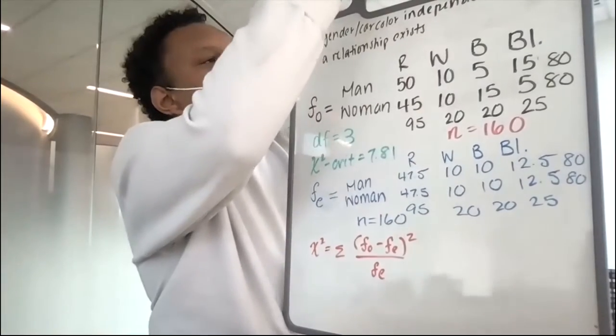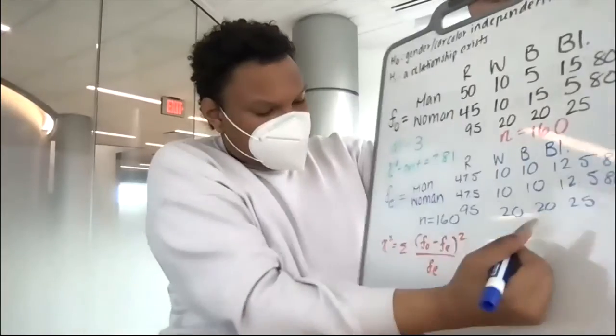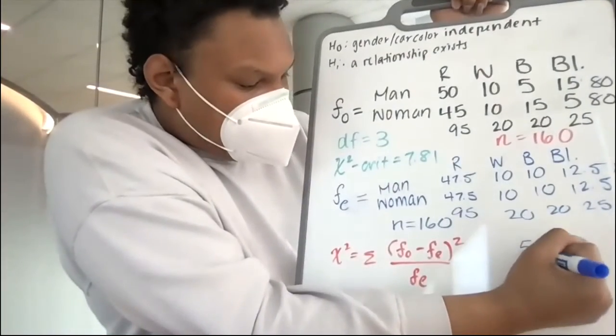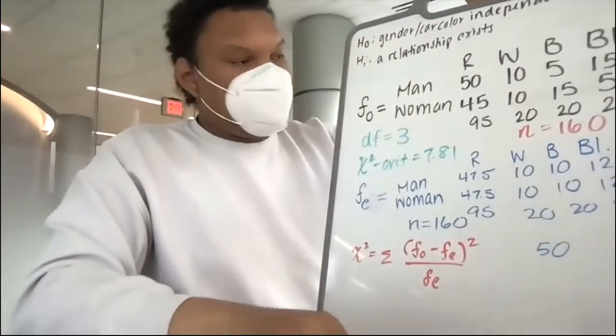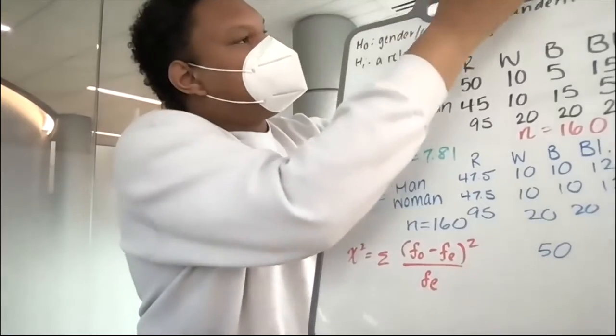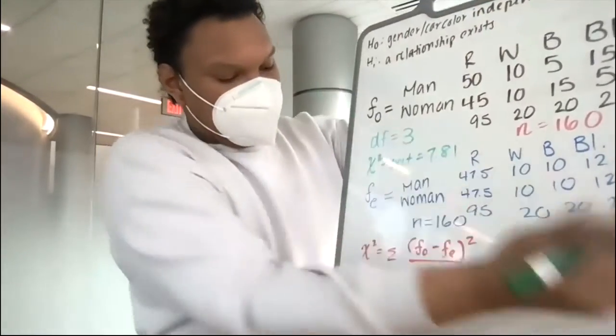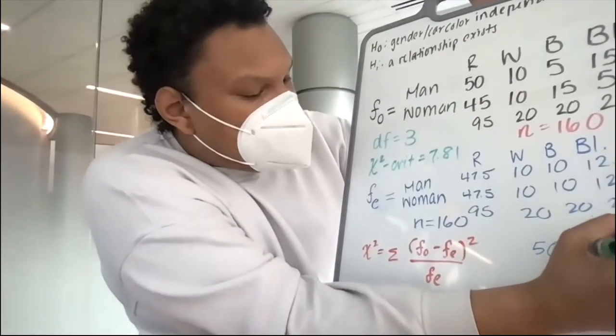Our f observed for our first cell is 50. And for our expected, is 47.5.